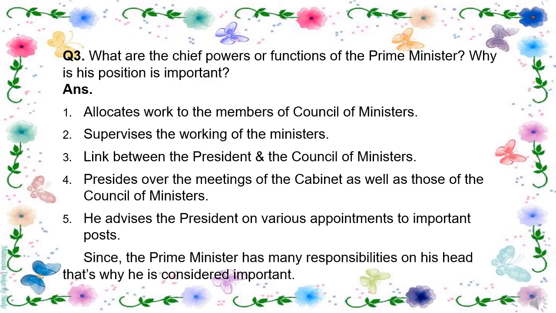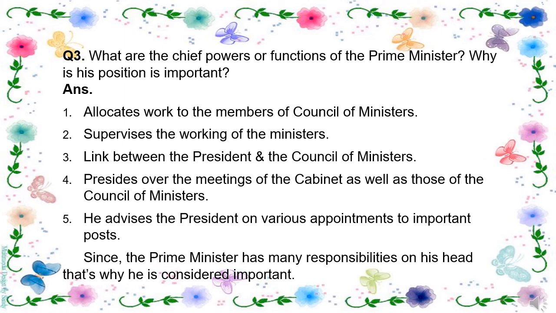Question number 3 is, what are the chief powers or functions of the Prime Minister? Why is his position important? Answer: number 1, allocates work to the members of the Council of Ministers; supervises the working of the ministers; link between the President and the Council of Ministers.